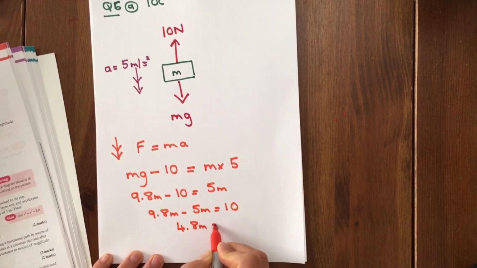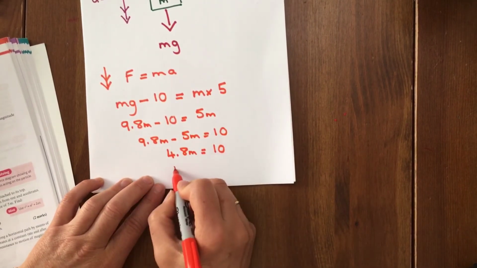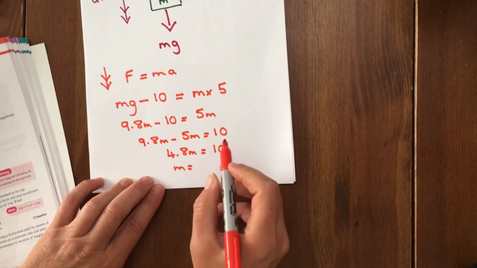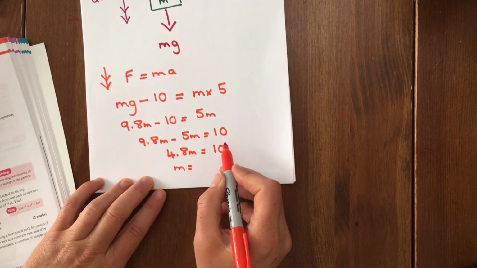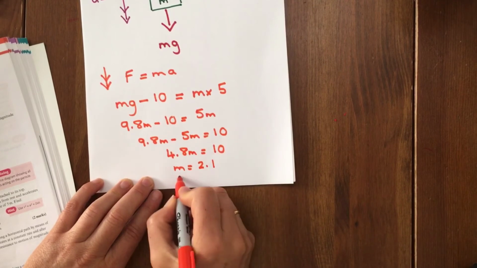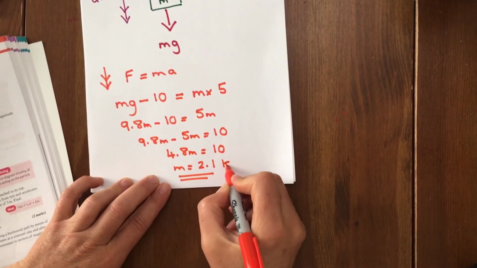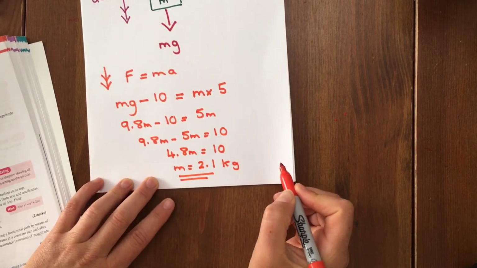So 4.8m equals 10. So m will equal 10 divided by 4.8, which will give me 2.1. And it's a mass, so that will be in kilograms.